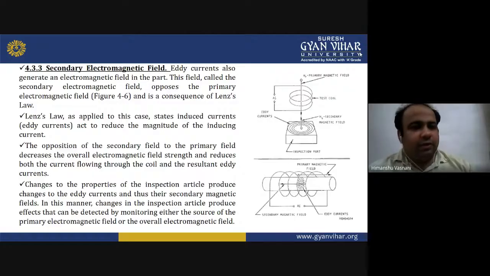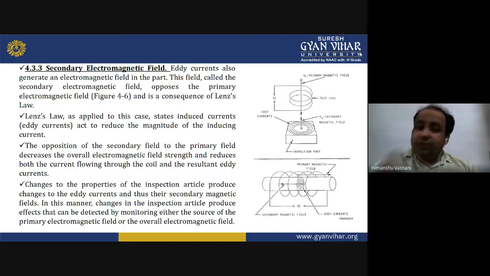We have a new law being introduced, known as Lenz's law, which as applied in this case states that induced currents, that is eddy currents, act to reduce the magnitude of the inducing current. The opposition of the secondary field to the primary field decreases the overall electromagnetic field strength and reduces both the current flowing through the coil and the resultant eddy currents.